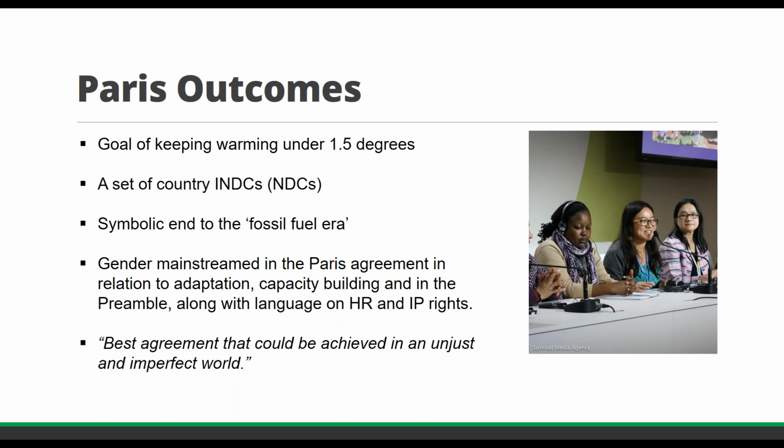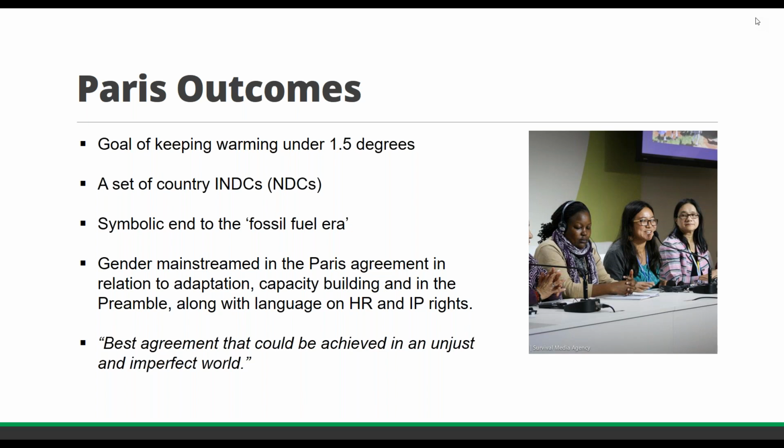So politically, some of the ways that at least we talk about the political goals or the political outcomes of the Paris Agreement, of course, the importance of having a goal to keep warming under 1.5 degrees. The actual language is keeping warming under 2 degrees with a goal of 1.5 degrees.